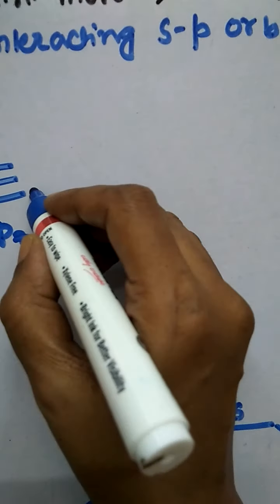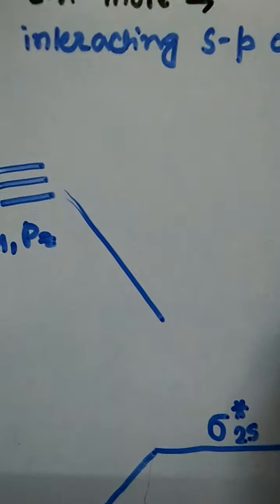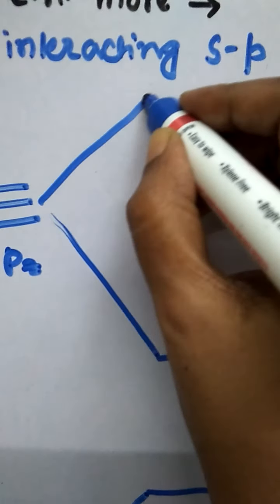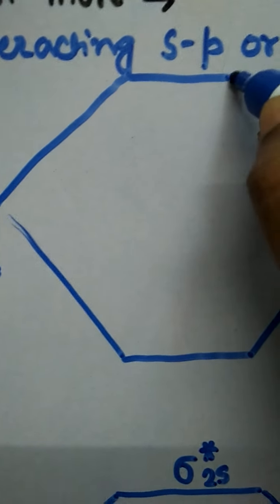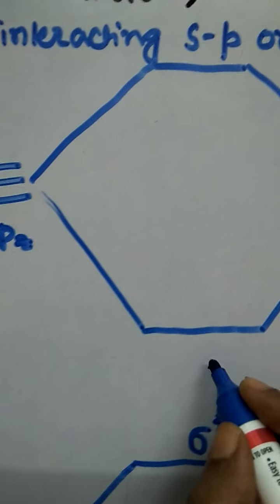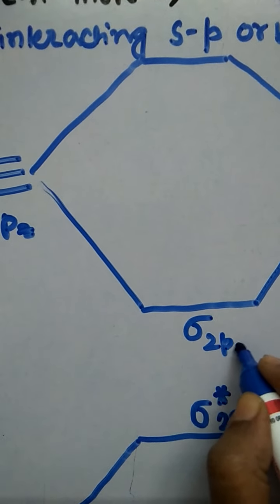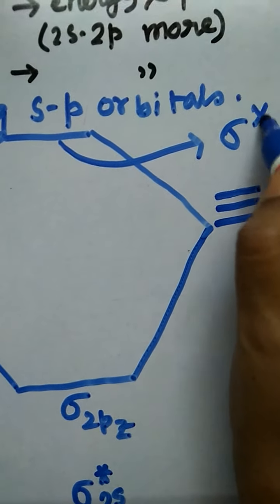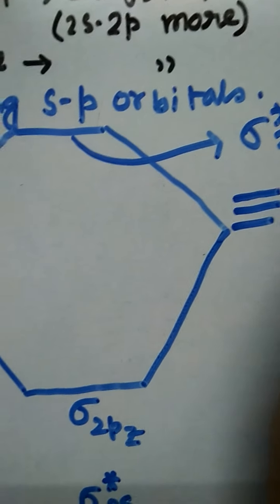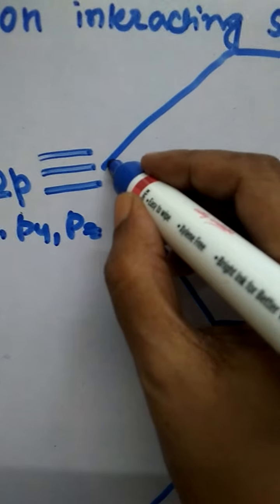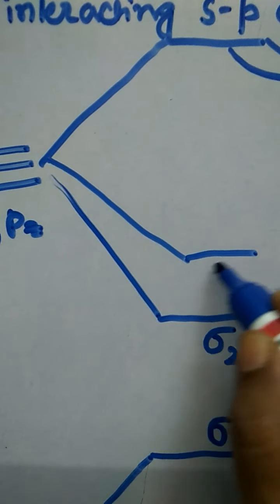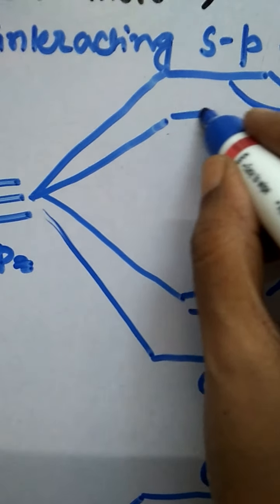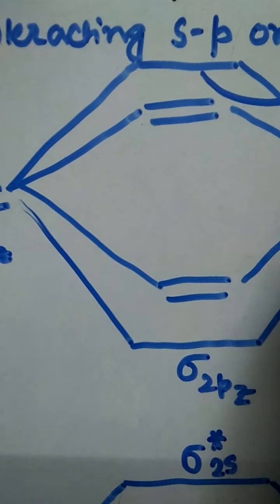So what will happen, this pz will combine to form the sigma bond. So this is sigma 2pz, and this one is sigma star 2pz. Now the remaining are 2px and 2py. They are degenerate orbitals.